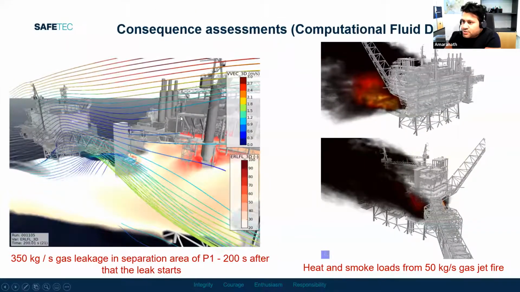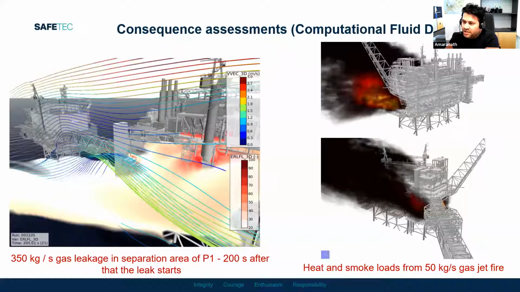Consequence modeling is normally done with safety software. We have different software for modeling fire and explosion accidents. You can see some of the simulation results here. This shows you the wind field around the platform. This is important to investigate the working conditions against the very cold environment in the North Sea.